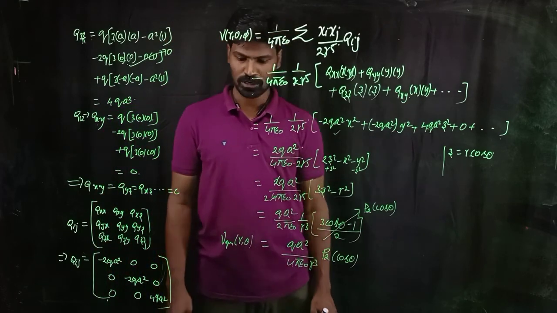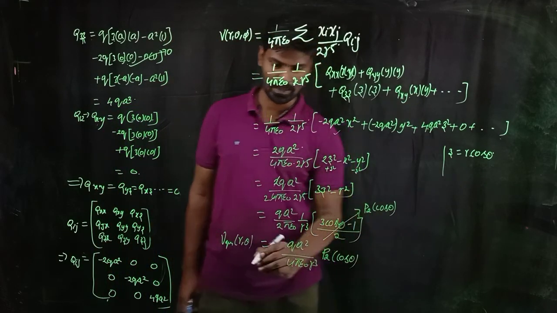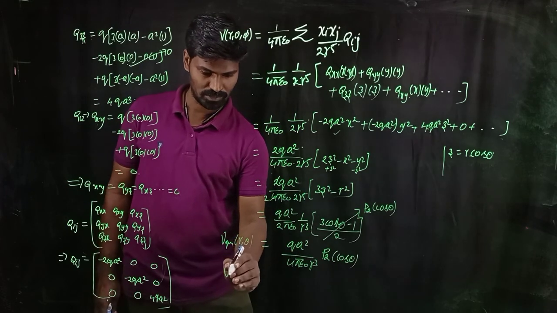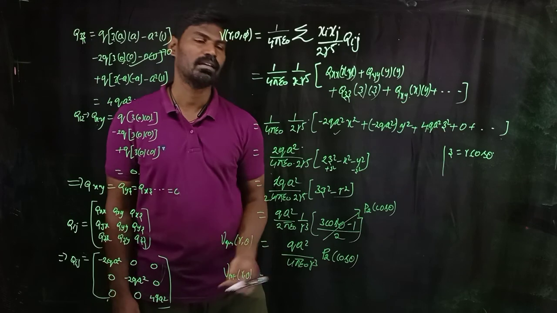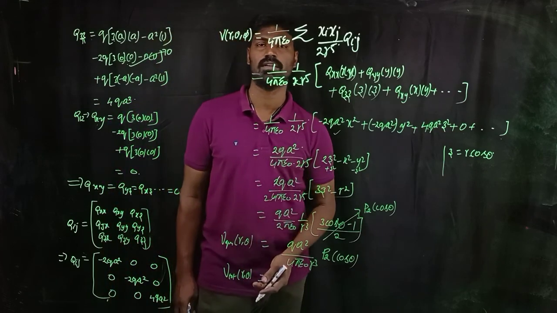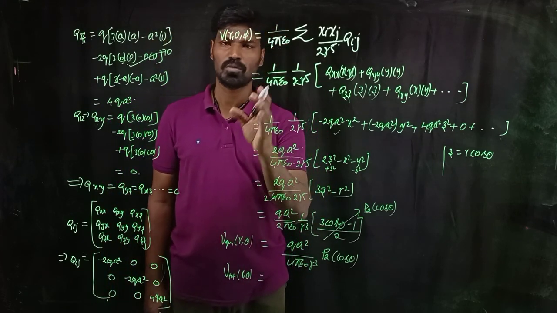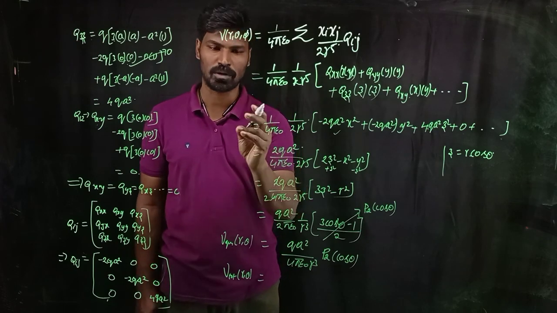Okay, therefore the total potential V total at r and theta is given by, directly I can write it, because just now I showed you the potential due to monopole is 0, and potential due to dipole is also 0.